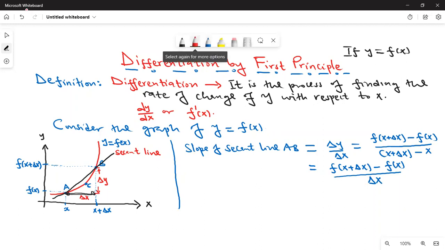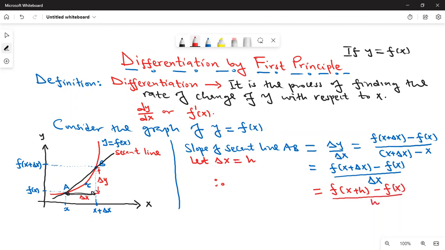And if we let the change in x to be equal to a constant h, then the slope here will be equal to f of x plus h minus f of x and everything over h.